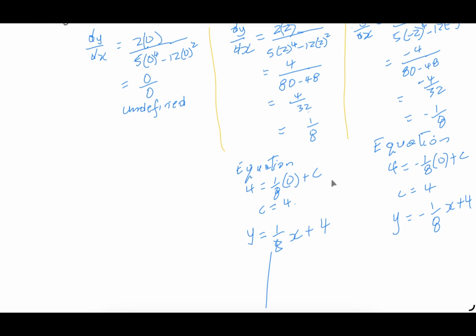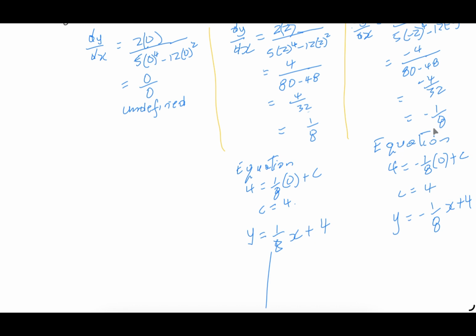So for the gradient of 1/8, you put 1/8 into the equation y is equal to mx plus c, where y was equal to 4 and x is equal to 0. So 4 is equal to 1/8 times 0 plus c, so c will be equal to 4. Thus the equation of the tangent line will be y equals 1/8 x plus 4.